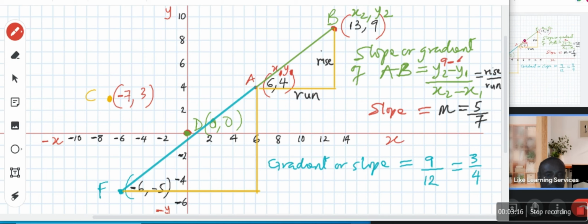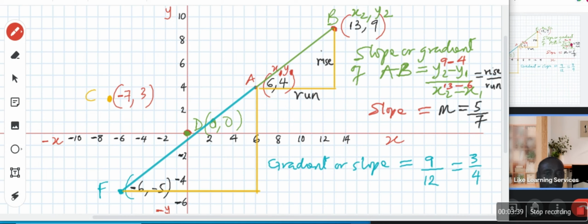So 9 minus 4. Now for x2, what would you have written? 13. And for x1? 6. By the way, x2 is 13, x1 is 6. Check, you will get the same answer.